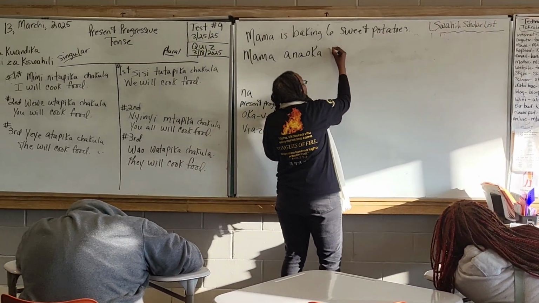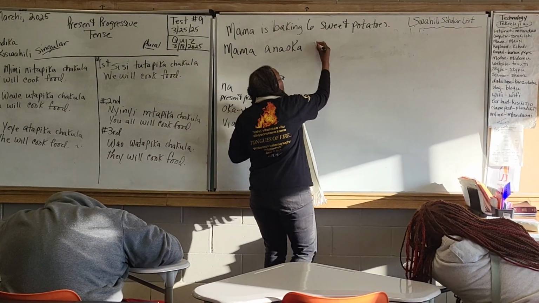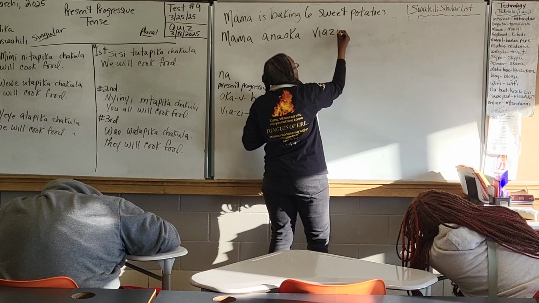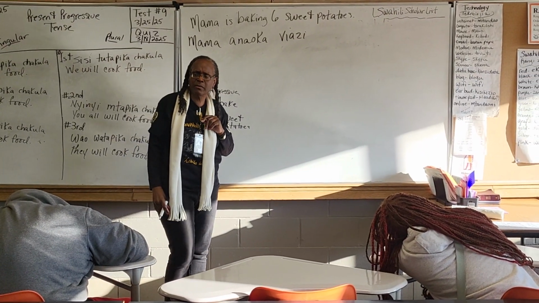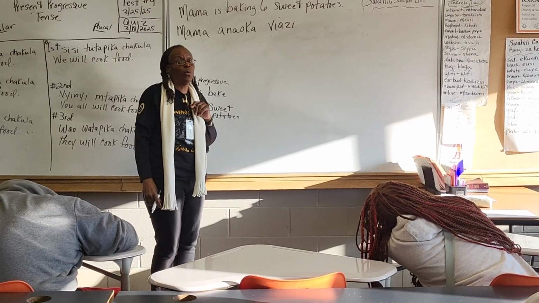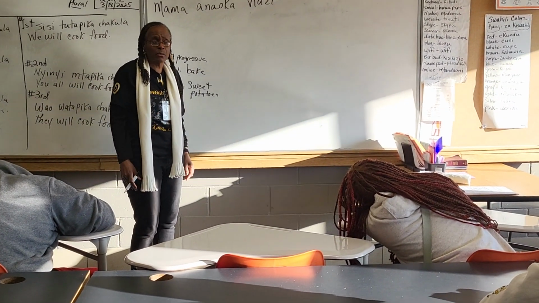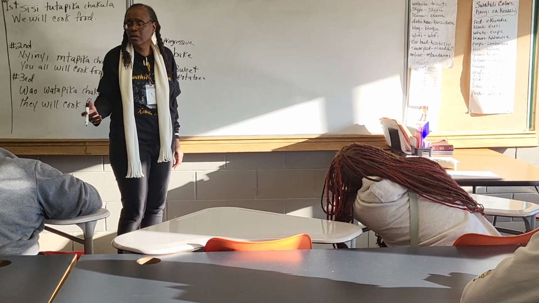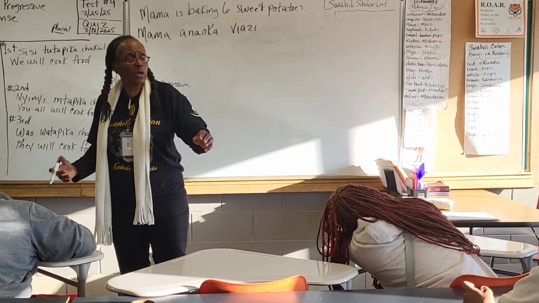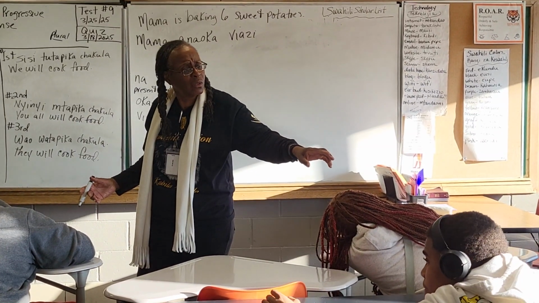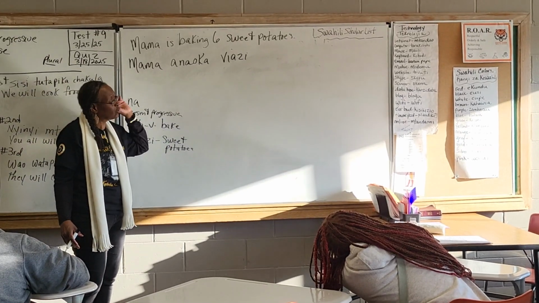Very good. So what do I put after this? Viazi. Do I have to put V sita or do I put sita? No, it's regular sita. Why don't I put V sita?